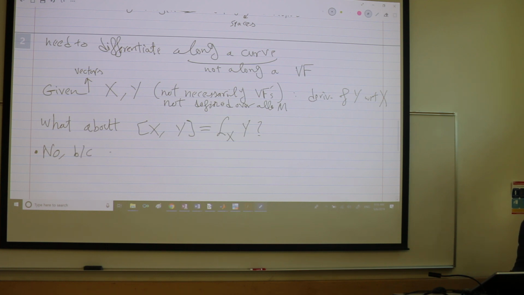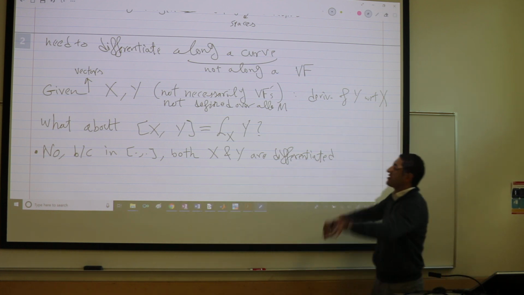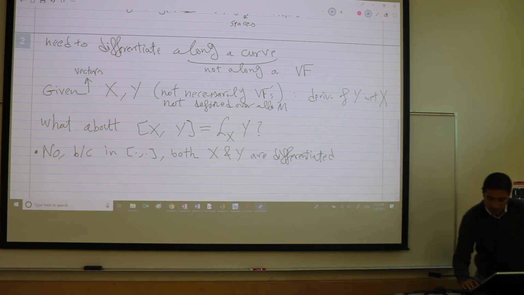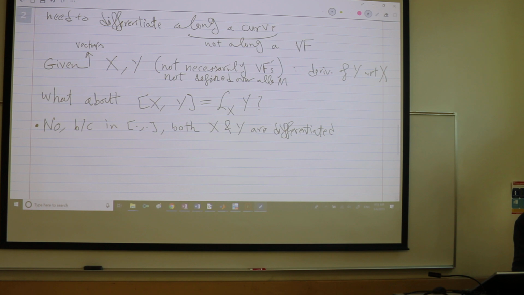Because actually in Lie brackets, both x and y are being differentiated, right? It's like y is differentiated with respect to x and also x is differentiated with respect to y, and I will remind you of this identity.